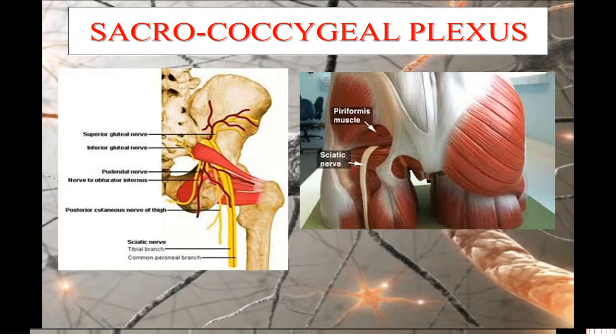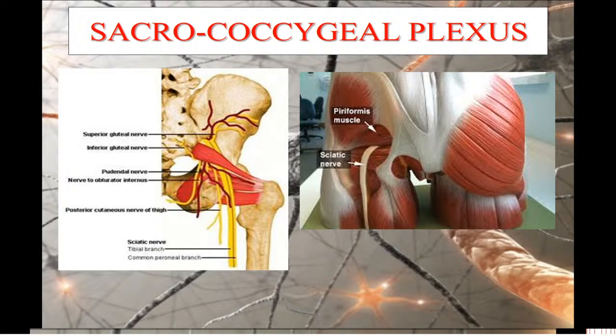Tibial nerve, nervus tibialis, continues downwards through the cruropopliteal canal and then passes deep to the posterior leg muscles and supplies those muscles. Finally, it continues to the region of the foot where it divides into the medial and lateral plantar nerves, the terminal branches of tibial nerve.